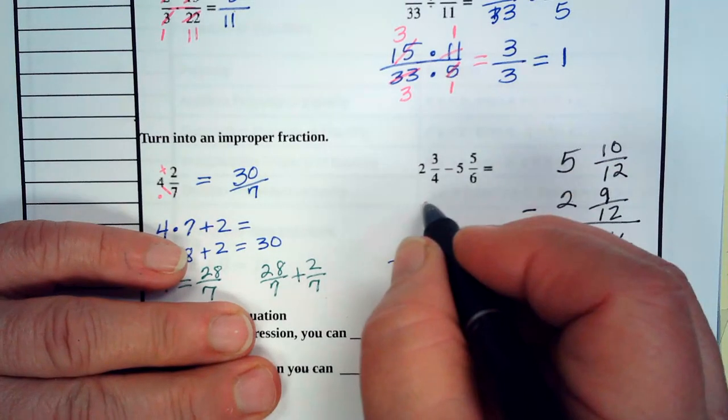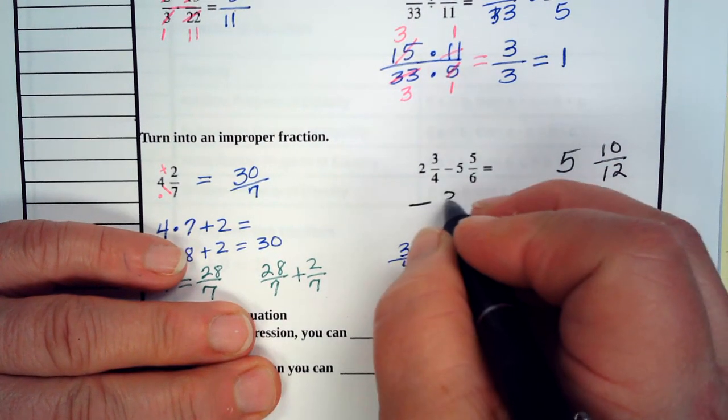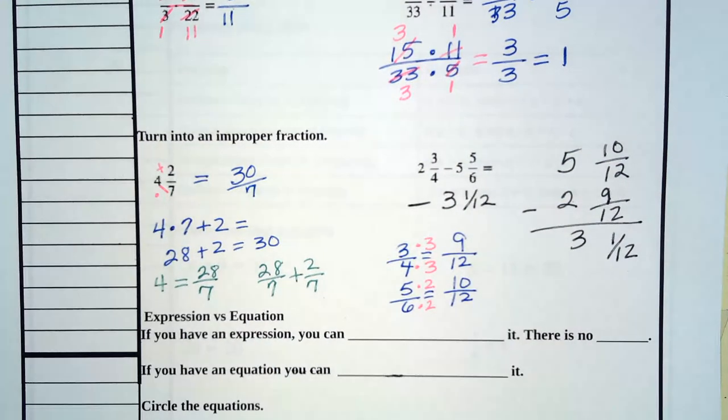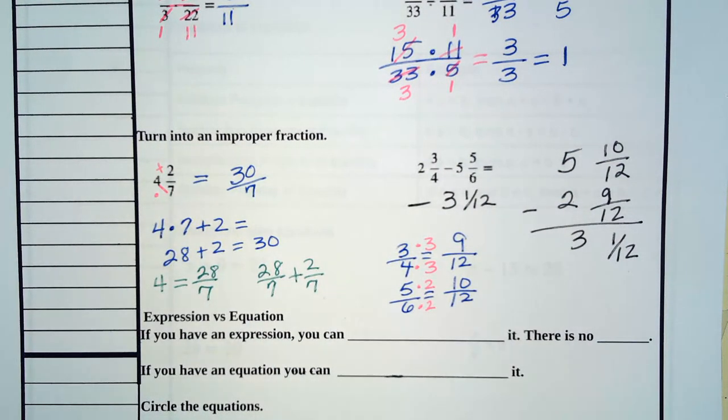So this will be equal to negative 3 and 1/12. Okay, make sure that you're still working on the practice for those compound fractions.